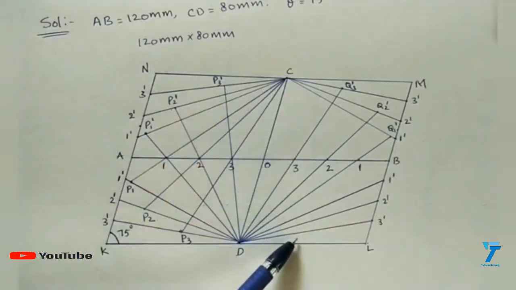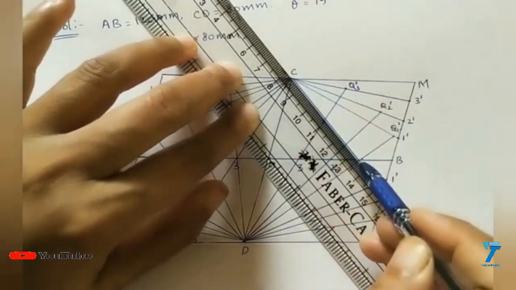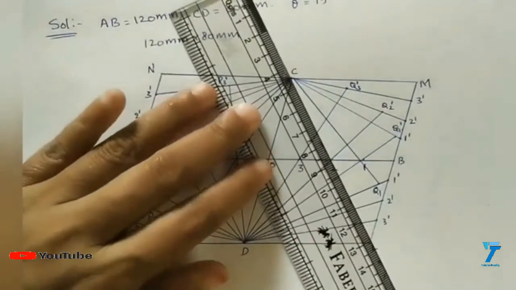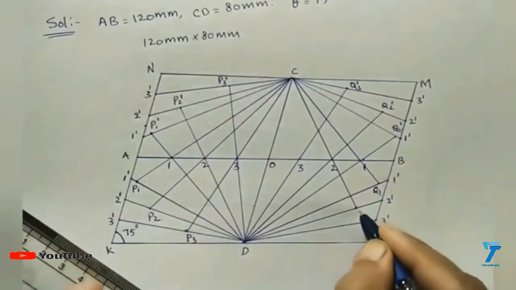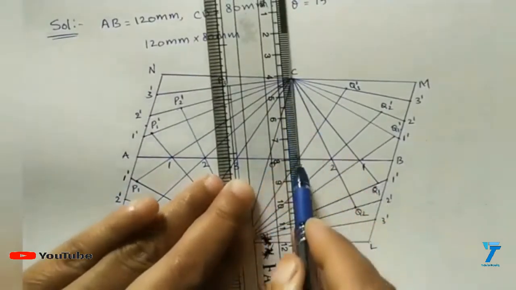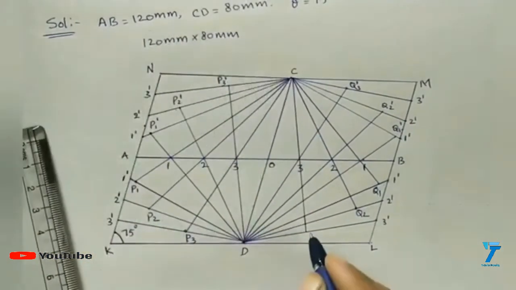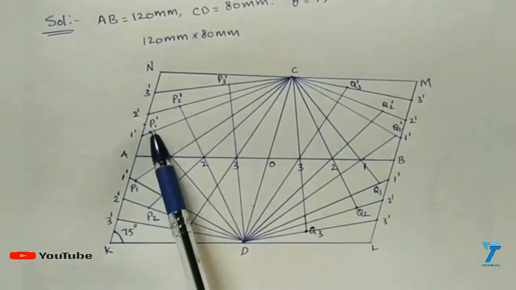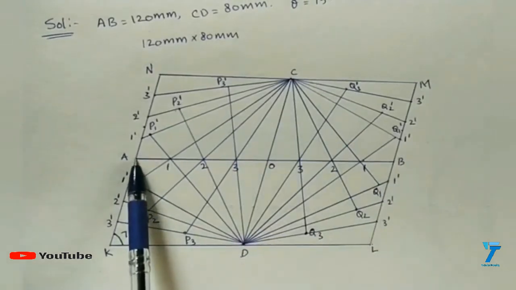Join C3 and extend up to 3 dash. Q3. Now we are getting these points. Join A and these P points, C, Q points, B and these Q points, D, P points and A. We will get the ellipse.